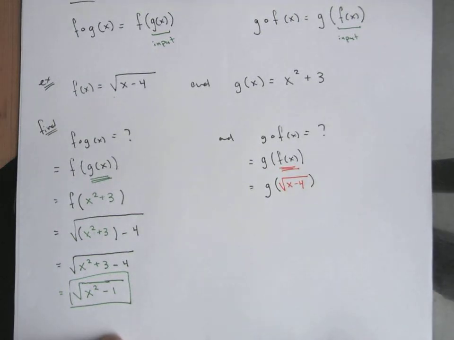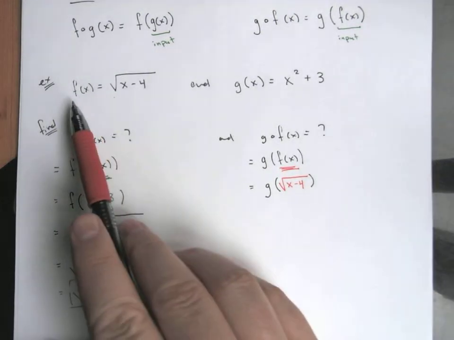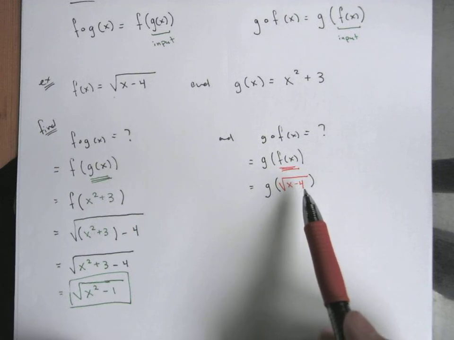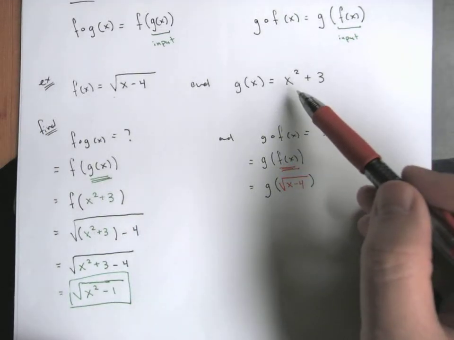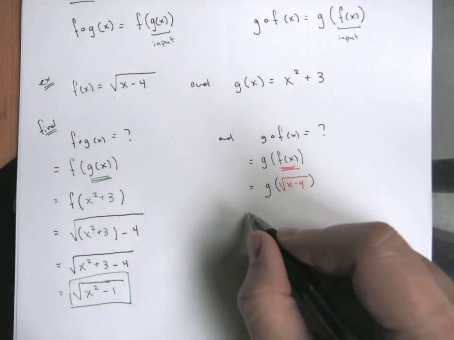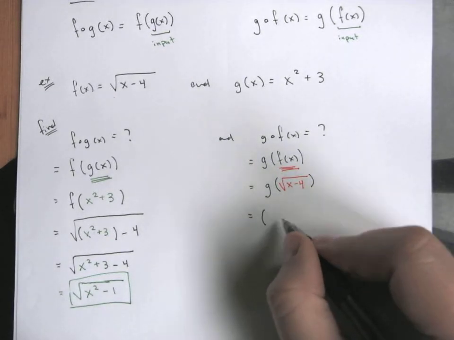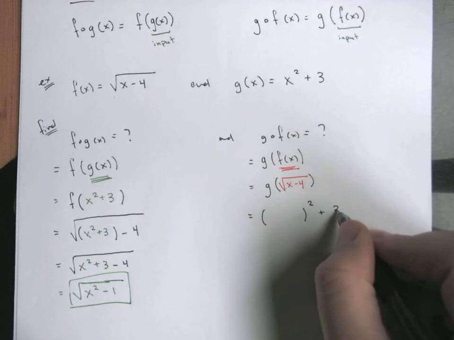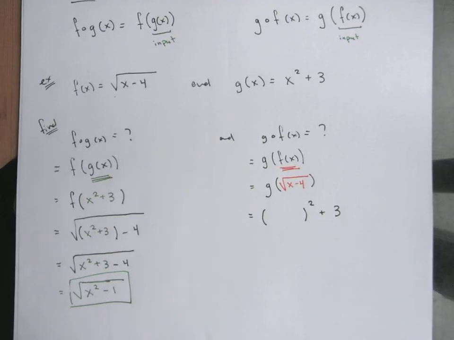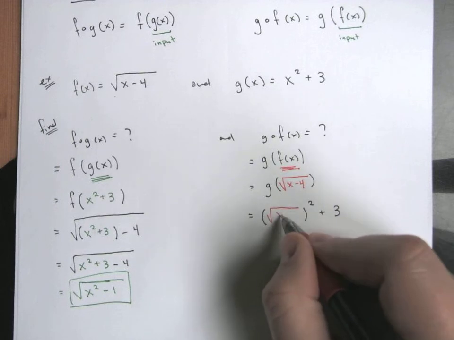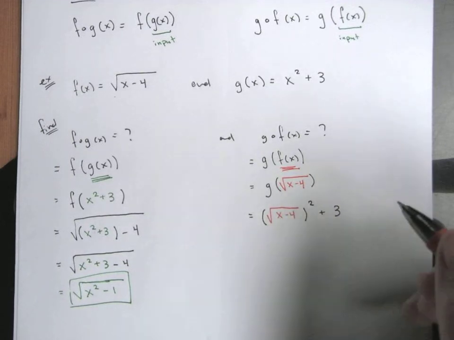I'm just copying and pasting essentially. So what is f? F is this, so I'll replace that in here. What does that start to look like based on my g formula? Whatever's in my parentheses, I'm going to square it. My g formula is x squared plus 3. Whatever goes in for x gets squared, and then I add a 3 on the end. What's subbing in is the root of x minus 4.